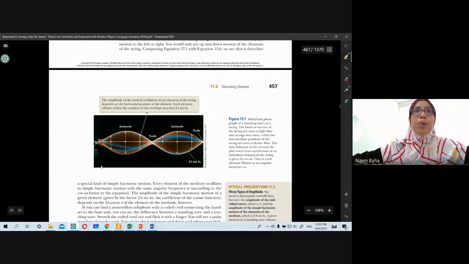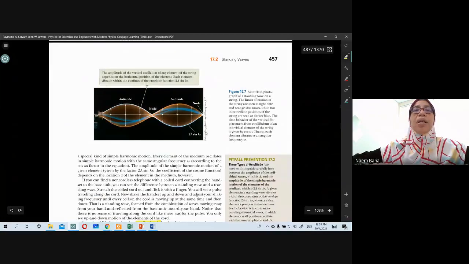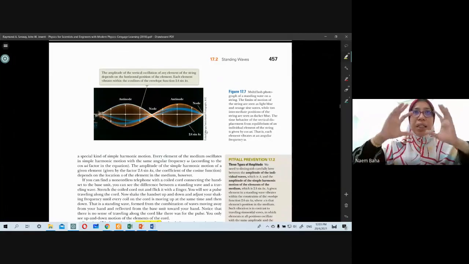Right, let's get back to the book. In a standing wave, we need to learn the characteristics, the shapes.